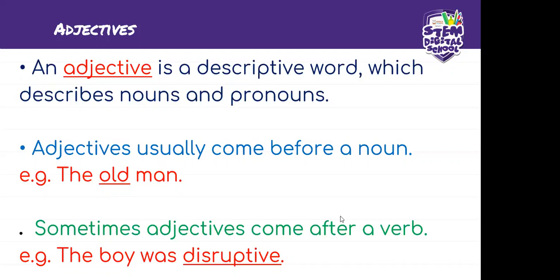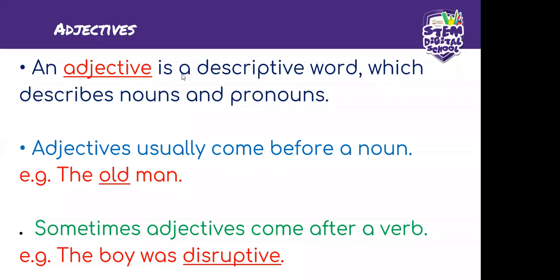So let us get started with adjectives. An adjective is a descriptive word which describes nouns and pronouns. Let me slow down a bit and read it again.